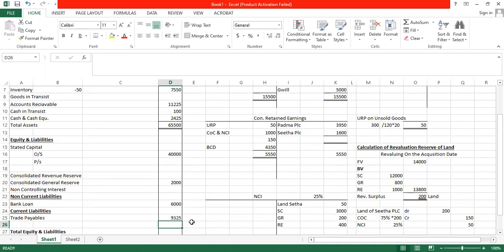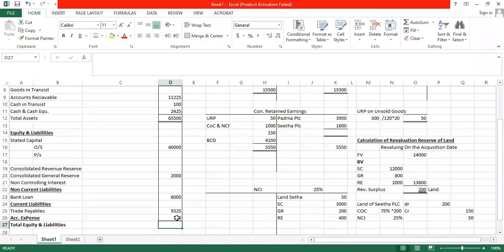It's 9,325. Then keyword expense, no adjustment. So we can add again. Current account we take an accrued expense 650 plus 140. It's 790. Then tax payable.